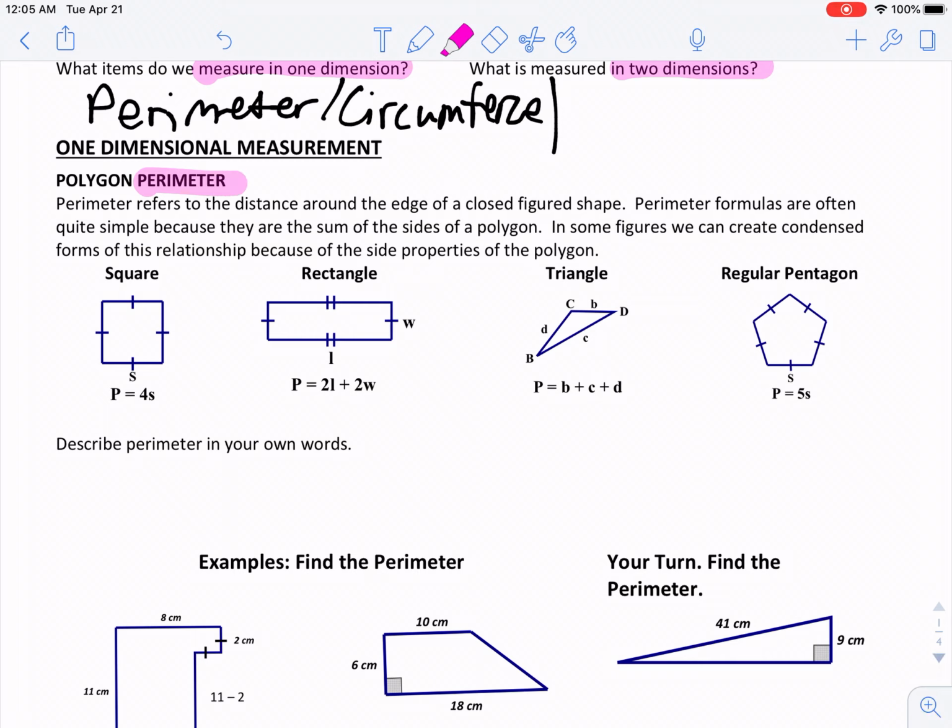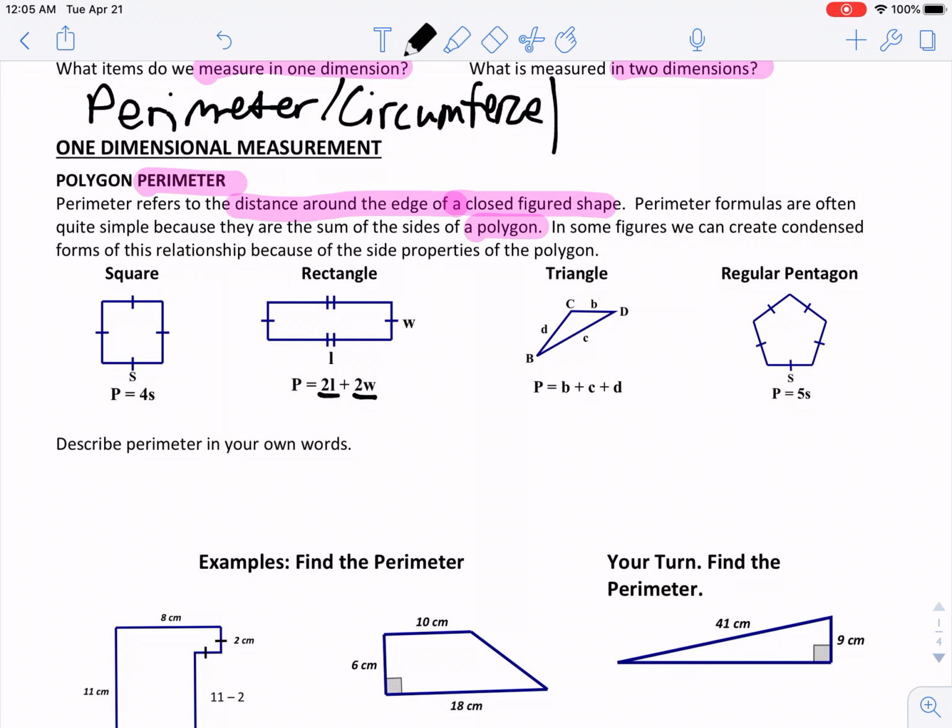Perimeter is just the distance around the edge of a closed figure shape, or the distance around a polygon. All we're going to do is add all the sides together. For this square, that side's s, so that would be s plus s plus s plus s, or 4 times s. For a rectangle, it's width plus width, or 2w, plus length plus length, or 2l.